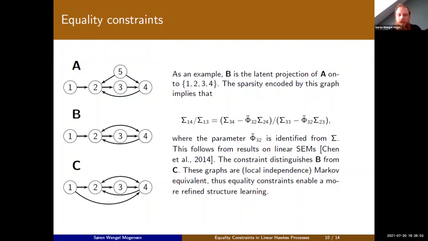So this is a constraint that I can read off from the observable quantity, the sigma matrix. And this is a constraint that distinguishes between graphs B and C. So if I do structure learning, I can now use this constraint to distinguish between them.